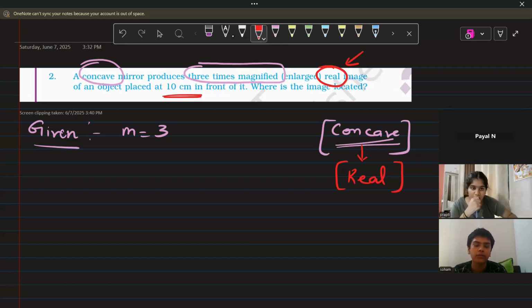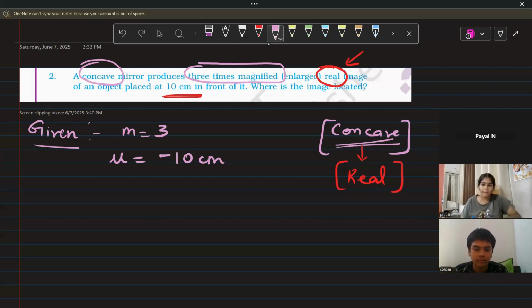Means what? Who will tell me what is this? Object distance. 10 centimeter. But remember what I told you yesterday? Always you have to put a minus sign. Did you understand that? And what are you supposed to find out? Where is the image located? Means what?